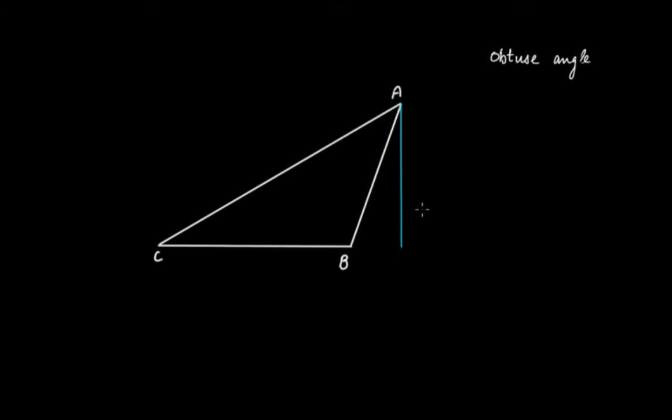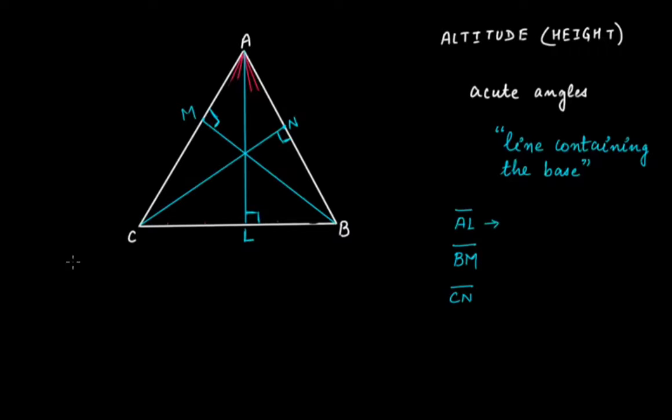And if we extend this, it should be a little perfect. Okay, so can you see that we have actually extended it, and it should be represented by dots. So my point is to show in dots, dotted line, that we have extended this line, and that is the line containing the base.